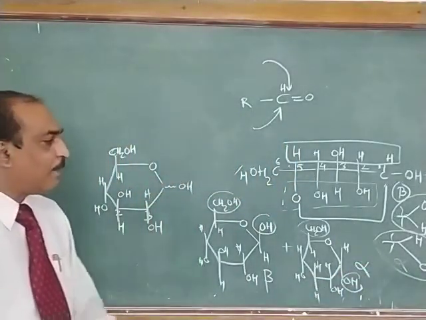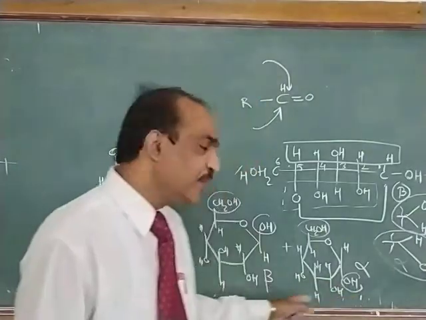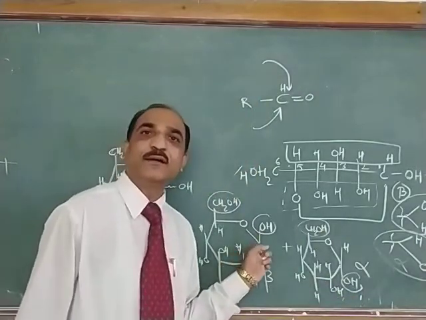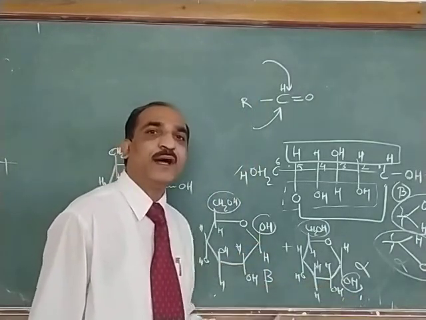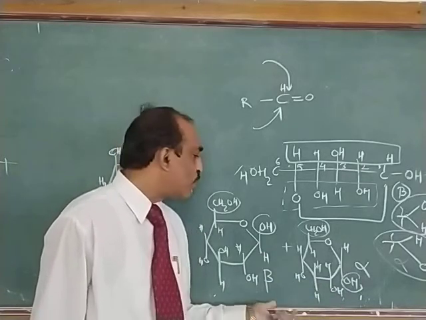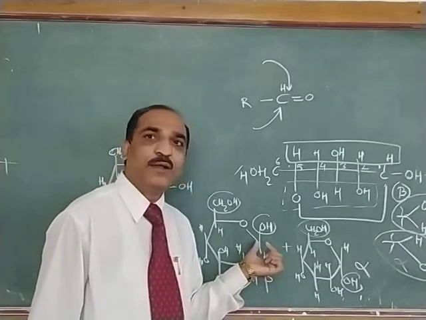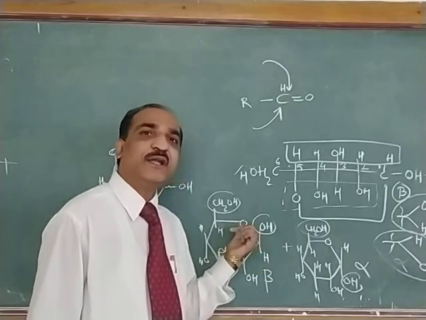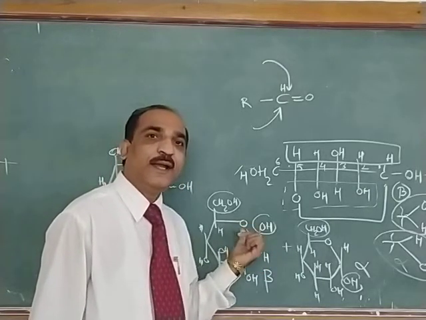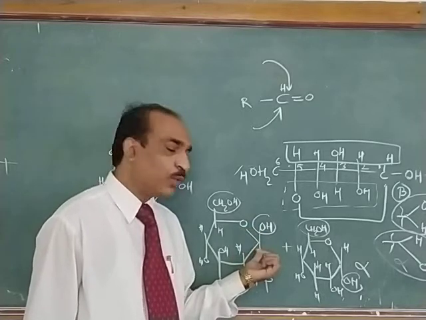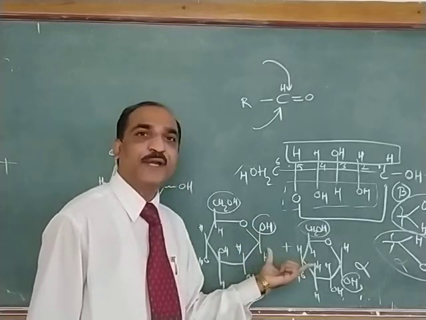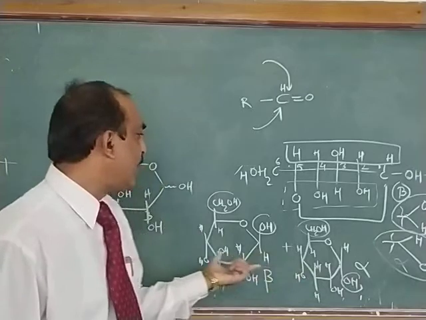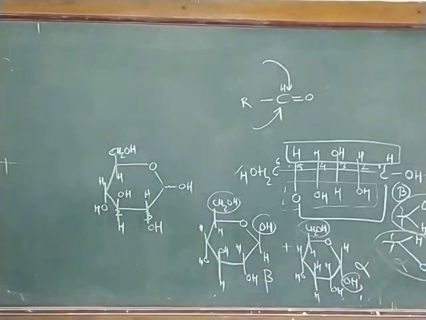So, what is this alpha and beta? Because a new chiral center is generated here, and alpha and beta is the nomenclature given for the anomer. Anomer means the carbon atom which is present near the oxygen and having some orientation, like alpha or beta anomer. Okay, this is about the alpha beta anomers.